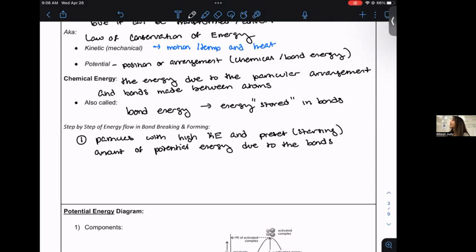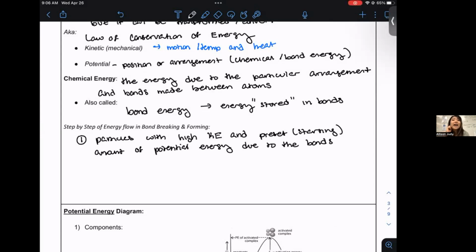So not only do you have kinetic energy present through its motion of collision, but you have some potential energy due to the fact that you have some arrangement of particles. Like you have a CO2 colliding with another molecule. That CO2 has a particular arrangement of the atoms in space with a particular double bond or single bond, right?